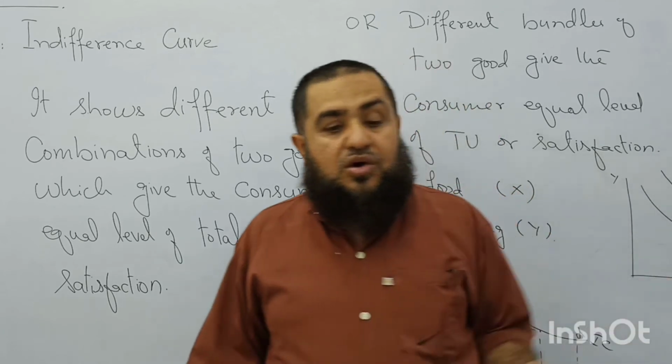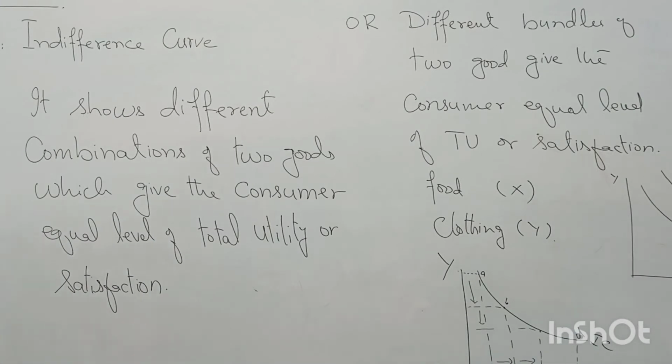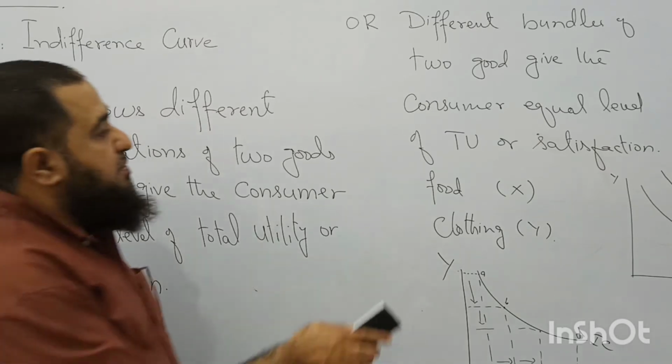Clear or not? Now I am going to explain another point related to the indifference curve. What is that? The slope of the indifference curve, what it is called, that it is negatively sloped, and how the slope can be measured.